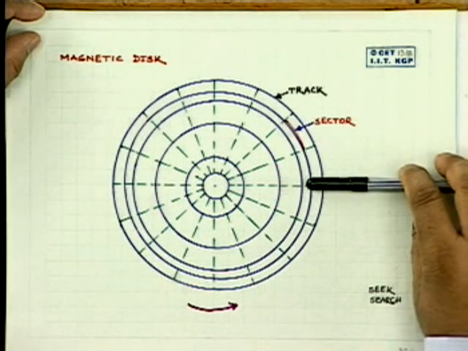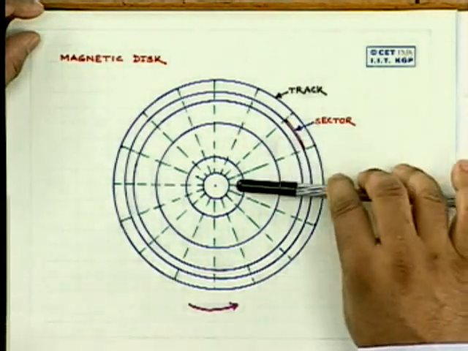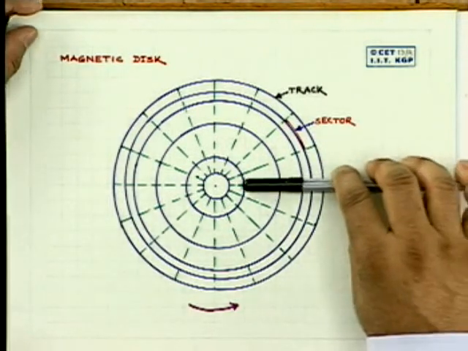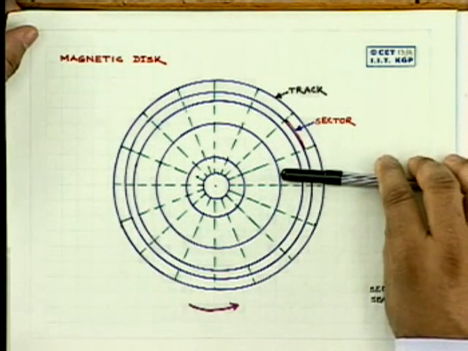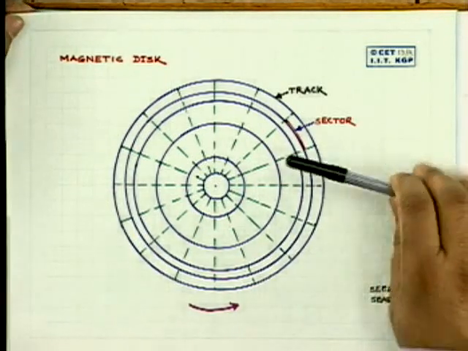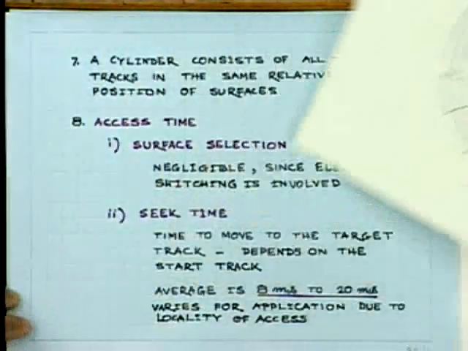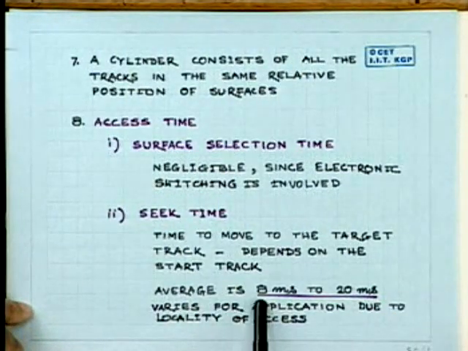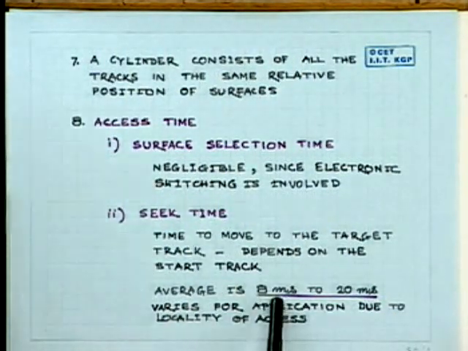But if the application is such that one data is here, another data is here, and the other data is here, then the head has to move quite randomly, and therefore the seek time will be much more, and therefore the access time will be much more. The average seek time, as I said, is from 8 millisecond to 20 millisecond.